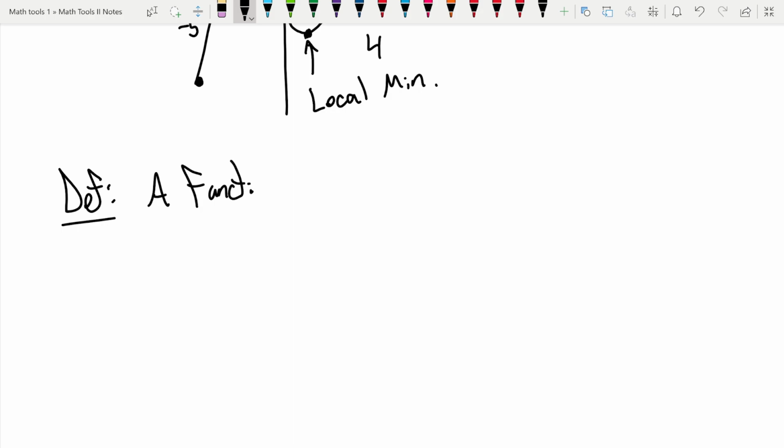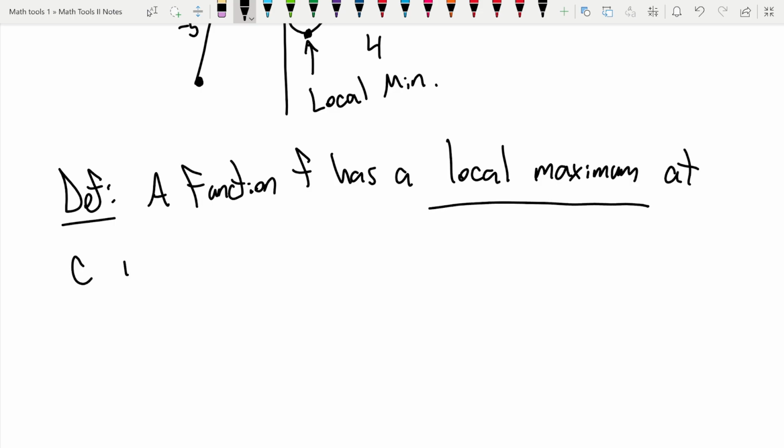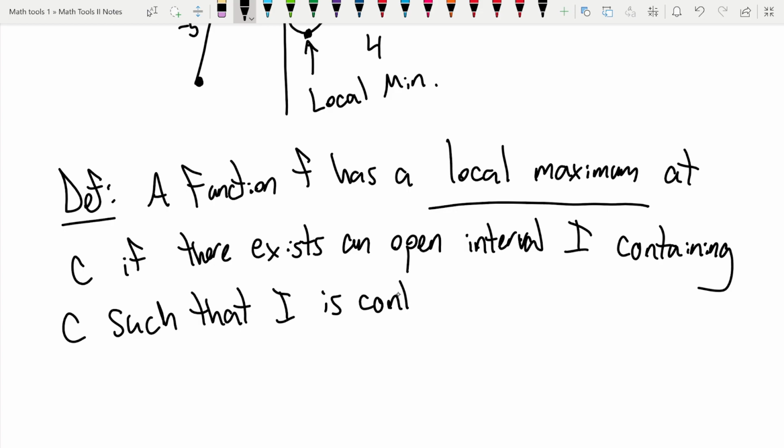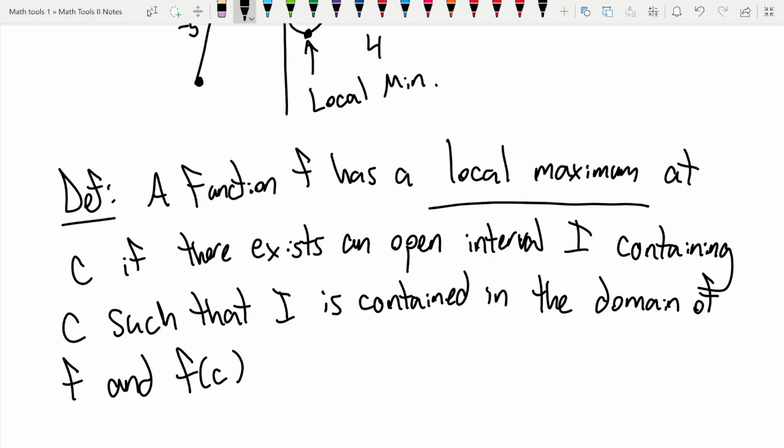So we say that a function f has a local maximum at c if there exists an open interval I containing c such that I is contained in the domain of f and f of c is greater than or equal to f of x for all x in I. Okay.